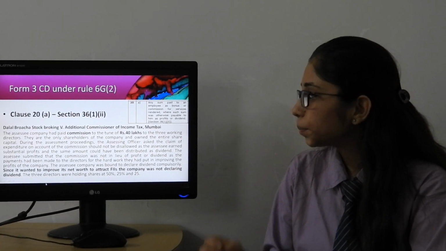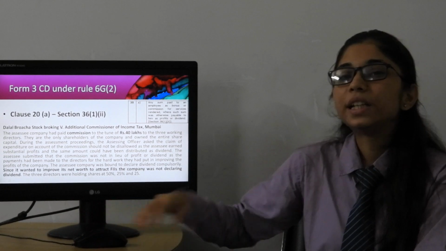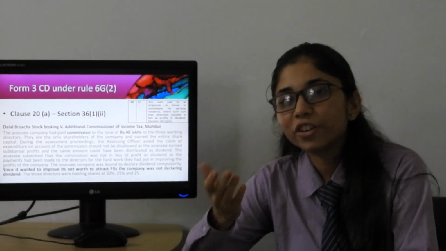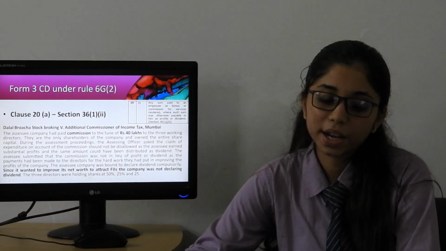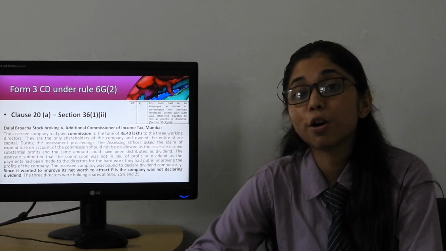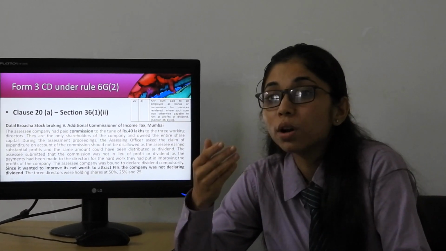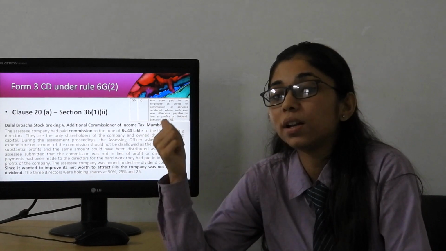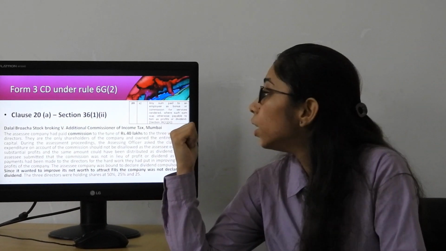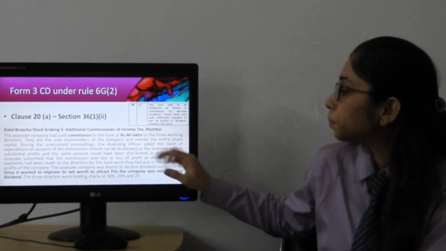Clause 20A. When you need to pay a profit or dividend, but you have paid such amount in the nature of, rather I would say, bonus or commission, which is not allowable under section 36(1)(2).